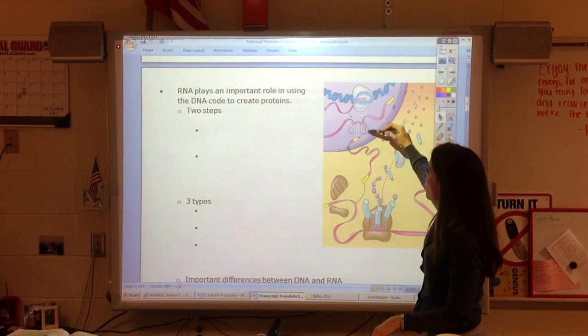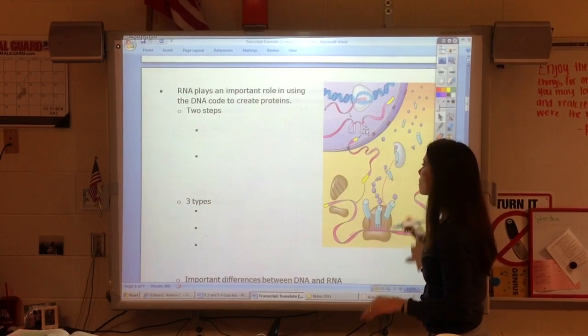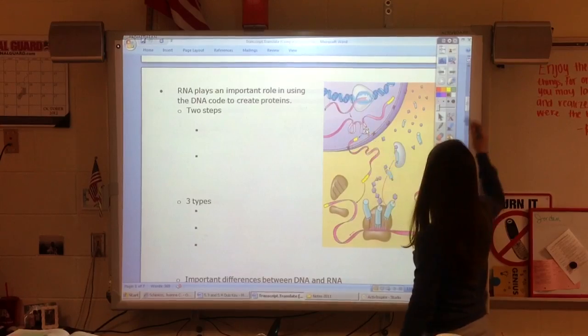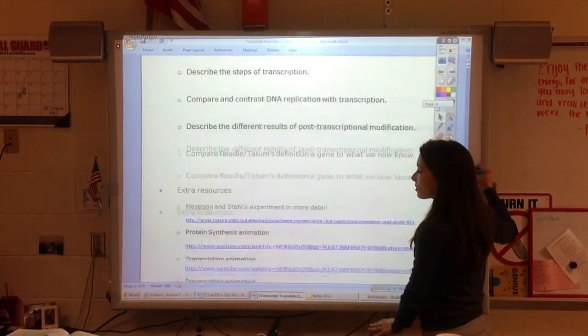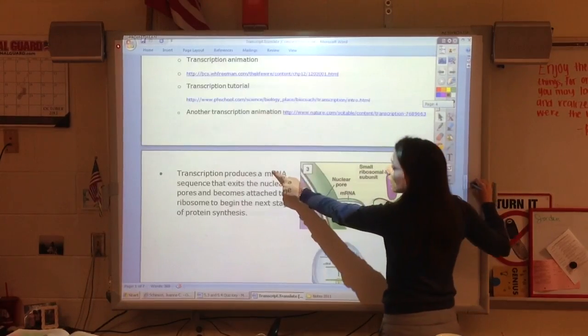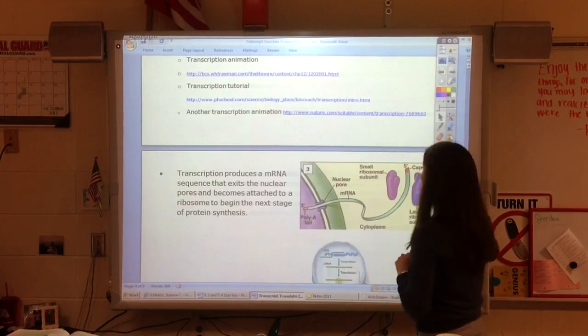And then we know this part about the caps and the tails and the introns and the exons. We keep in mind this is part of the overall process of protein synthesis, but that at the end of transcription, we still are going to have to go on to translation. So even though we now have an mRNA sequence, we are going to need to begin the next stage.